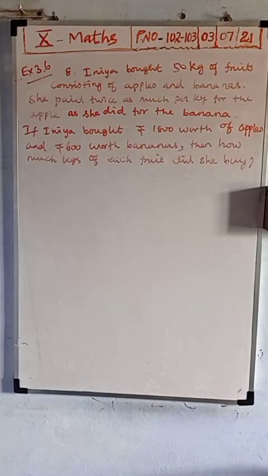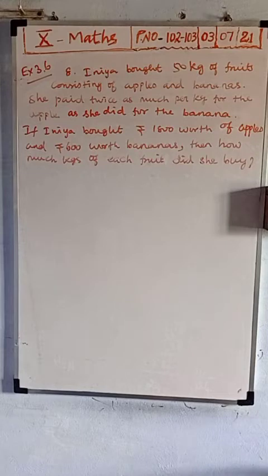See next, 8th question. Inia bought 50 kilogram of fruits consisting of apples and bananas. Totally she bought 50 kilogram of fruits, consisting of only 2 fruits, apples and bananas. She paid twice as much per kg for the apple as she did for the banana. Actually, the price of a banana times 2 is the apple.